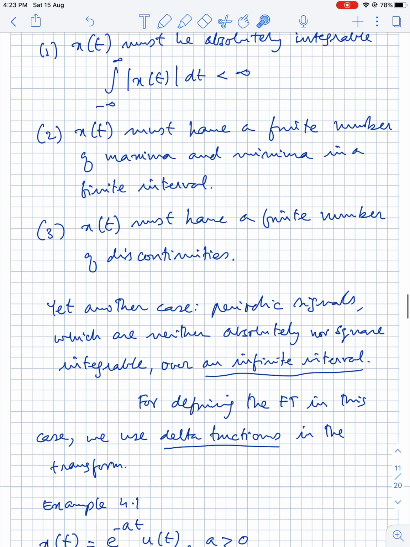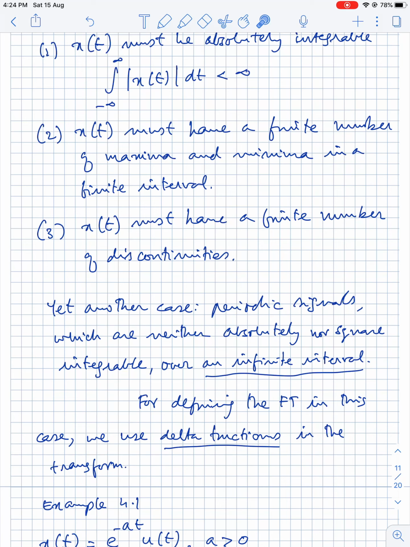Now, there is actually one more case which we have not really looked at in the Fourier series case. This is the case of periodic signals over an infinite interval. In the Fourier series, we had a particular period T, and we looked at the Fourier series convergence only within that period.